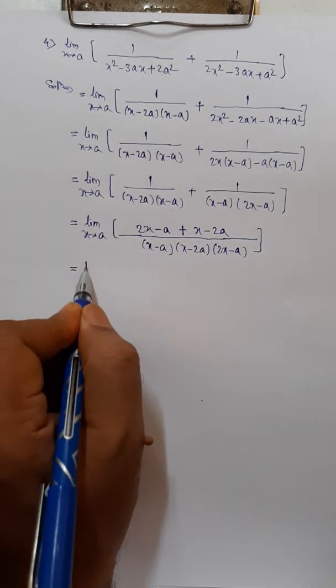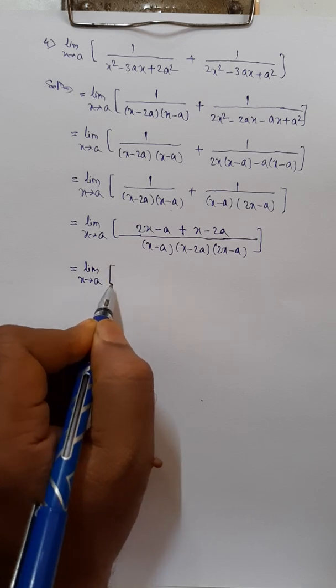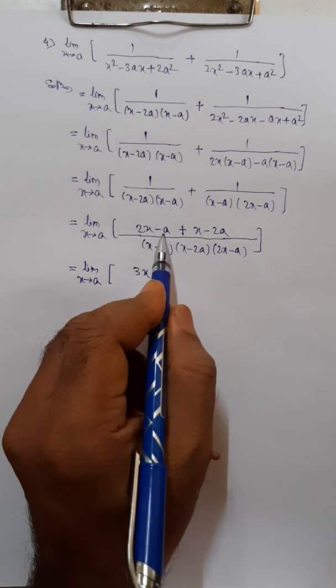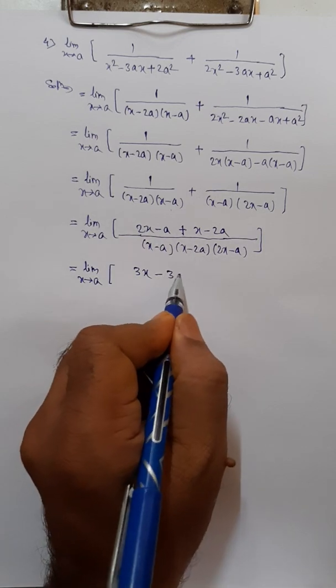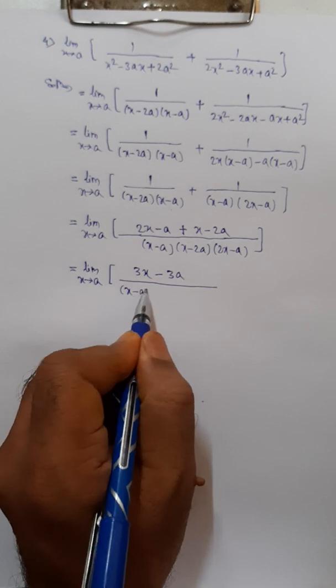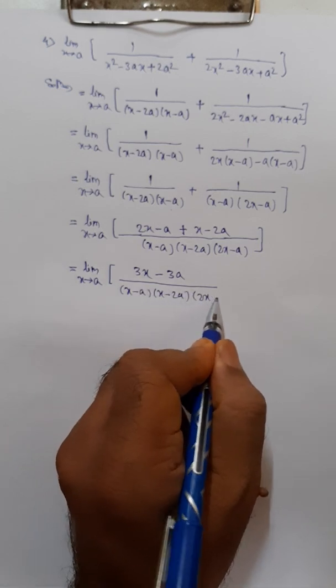So it is equal to limit as x tends to a in bracket, here addition 2x plus x, 3x, minus a minus 2a, minus 3a, denominator same, x minus a, x minus 2a, 2x minus a.